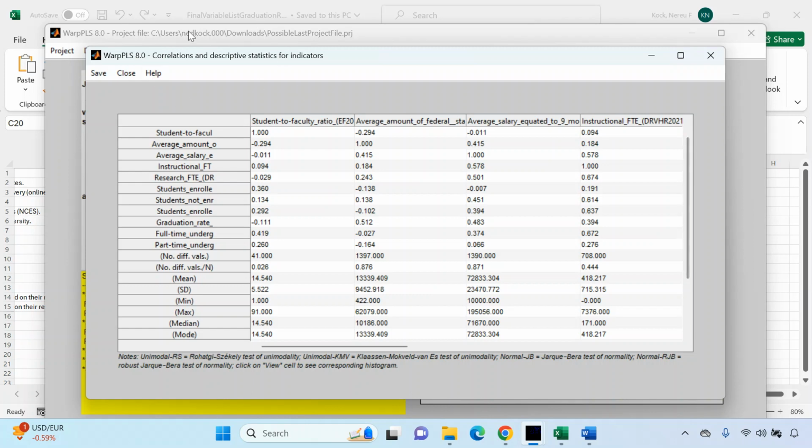So when we look at student to faculty ratio here, we have a mean of 14, so that's not much, and the standard deviation is 5, so the vast majority of your data is between one standard deviation below the mean and one standard deviation above the mean. So most of the data is in the range of 10 and 20, so that's small.